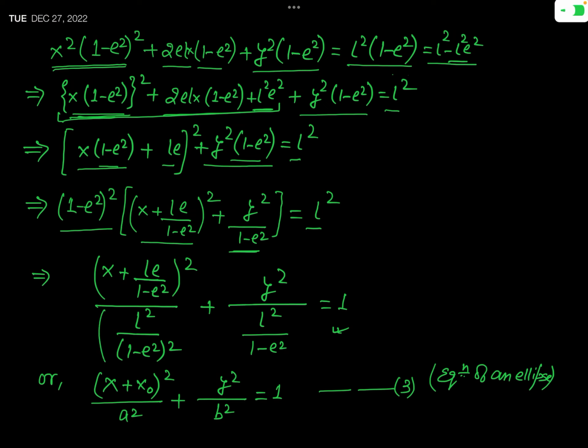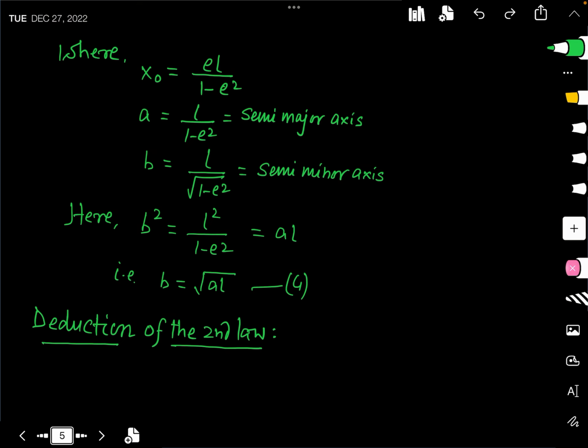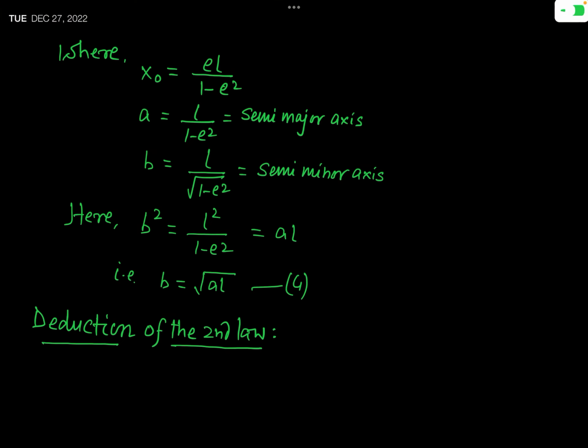So this equation can be written as (x plus x naught) whole square over A square plus y square by B square, and that is equal to 1. What quantities have been substituted? You can see easily here. Actually, we have substituted x naught equal to eL over (1 minus e square).